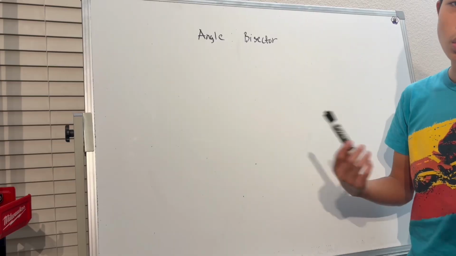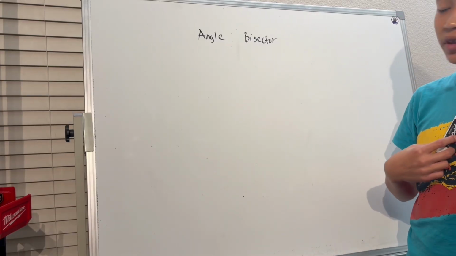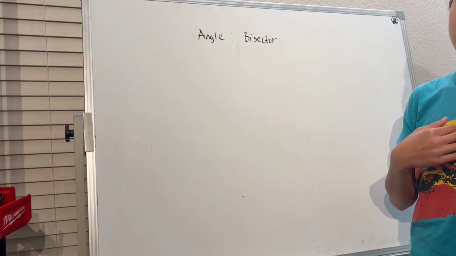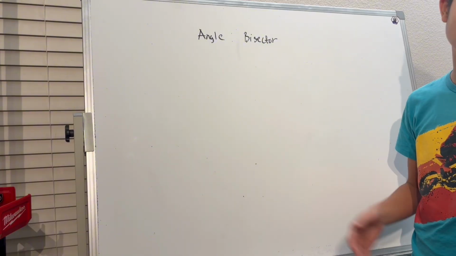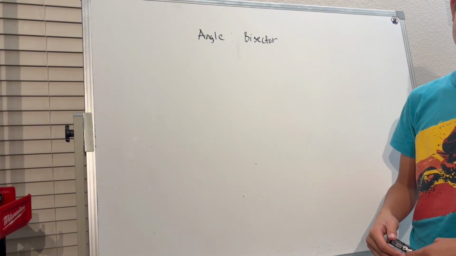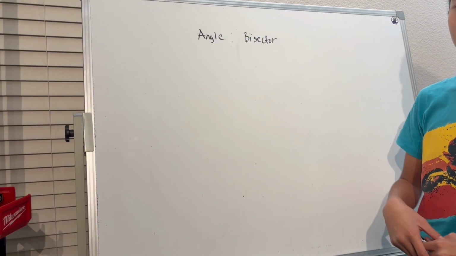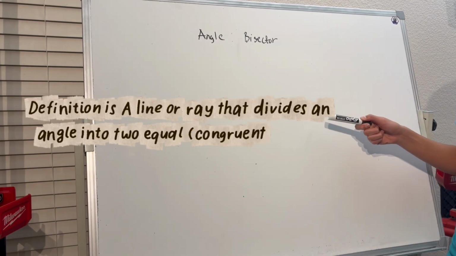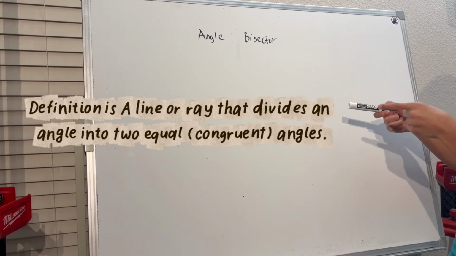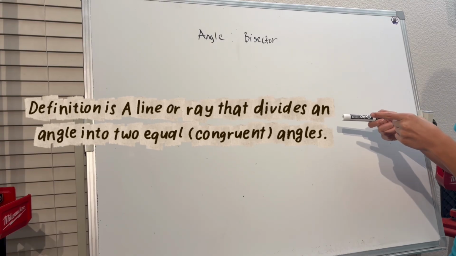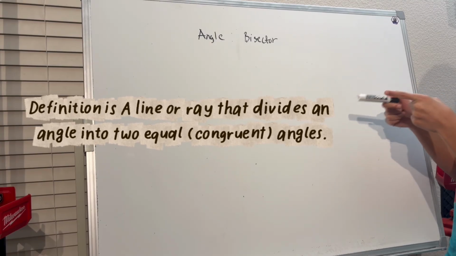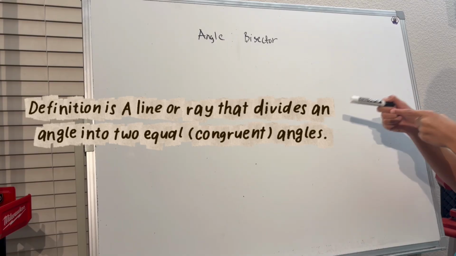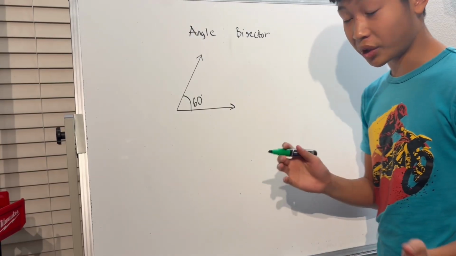Angle bisector. What's an angle bisector? Here's the definition, popping up on the screen. This is my definition because the angle bisector is kind of easy, but I'm going to add a ChatGPT definition too. I know it's a whiteboard, but when I edit it, it's going to be text right here. So I'm going to draw this ray right here.